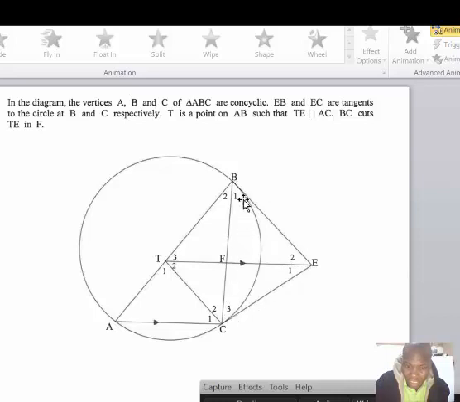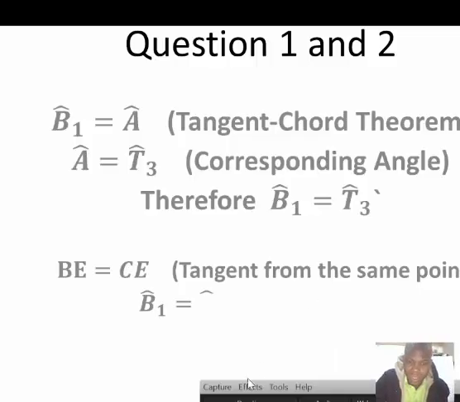Therefore, these two angles are equal. Opposite equal sides give equal angles in an isosceles triangle. So B1 is equal to C3.